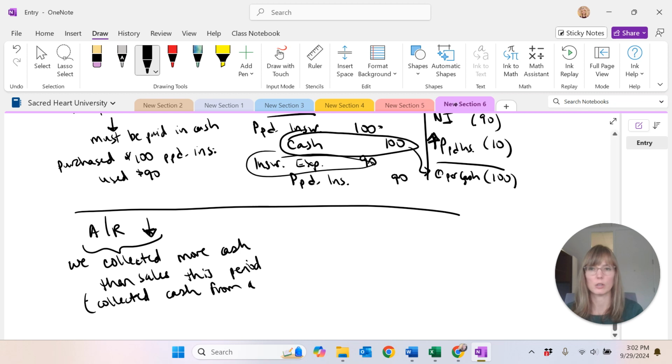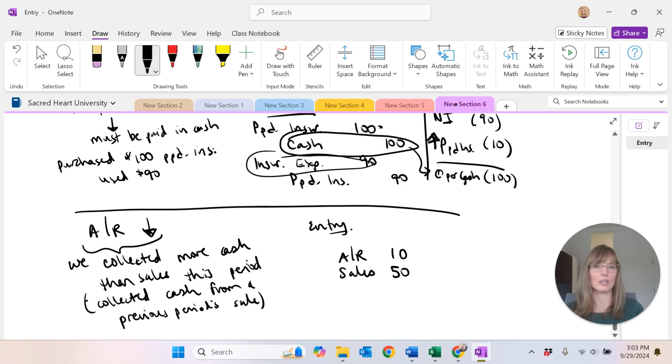Okay, so what would that entry look like if we had sales revenue of 50 and our accounts receivable decreased by 10, so a credit to accounts receivable? What would have to be the other side of this journal entry? It would have to be that we collected cash of 60. And so we can back into what that cash would have to be based on the journal entry.